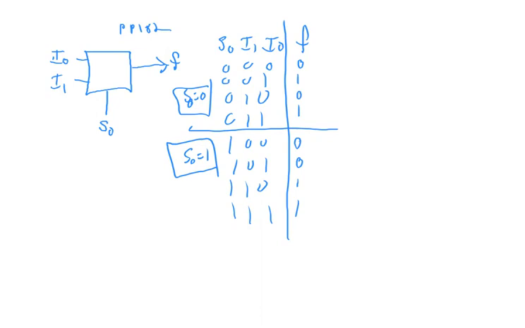And the function says the output F is going to be equal to the selector input inverted, S0 prime, ANDed with input 0, or S0 unprimed ANDed with input 1. Now, in case that confused you because I used S0, I1, and I0, I could write it again as ABC.